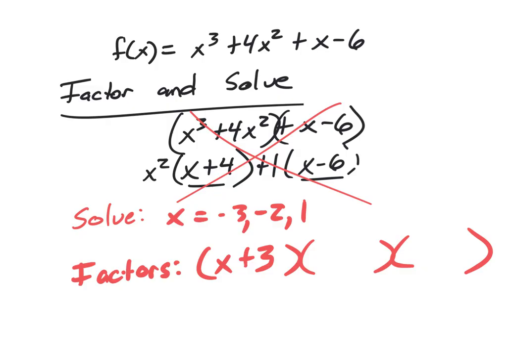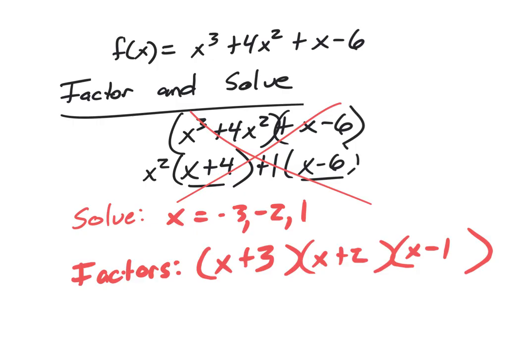So we're kind of working backwards a little bit. -2 would be x plus 2, and this one would be x minus 1. If I multiplied these three factors together, it would get me back to here. We're not going to do all that multiplication to verify that, but trust me, it would be back to that polynomial. And that would be what we call our factors.